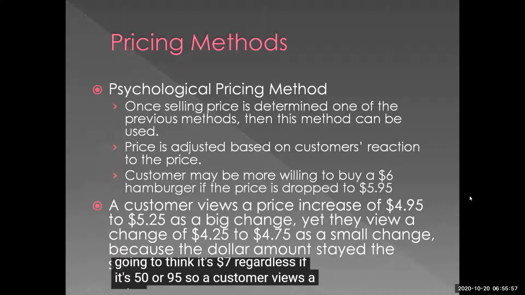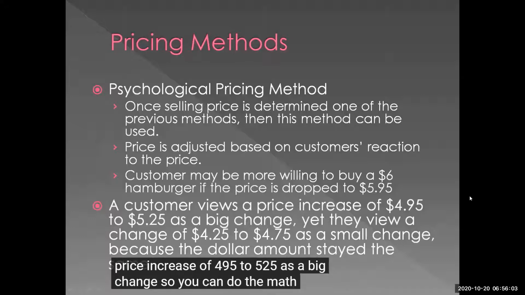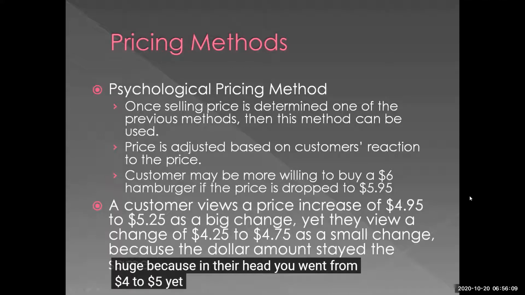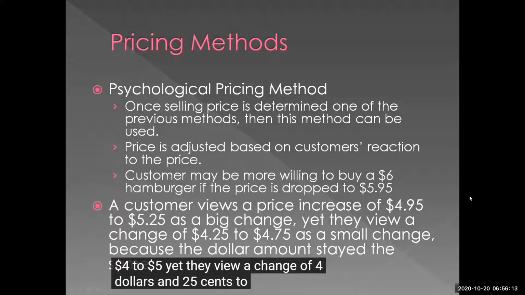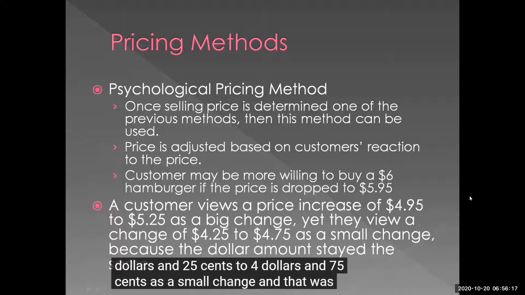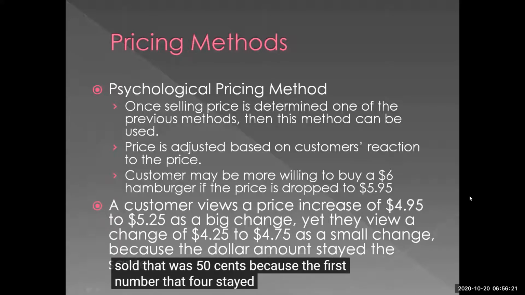So a customer views a price increase of $4.95 to $5.25 as a big change. You can do the math, that's a 30-cent price increase. They think it's huge because in their head you went from $4 to $5. Yet they view a change of $4.25 to $4.75 as a small change, and that was 50 cents, because the first number, that 4, stayed the same.